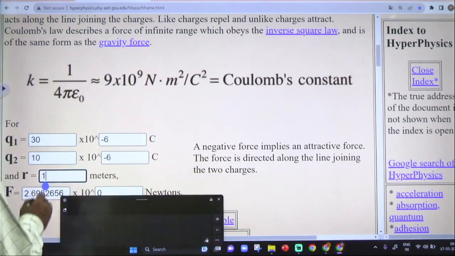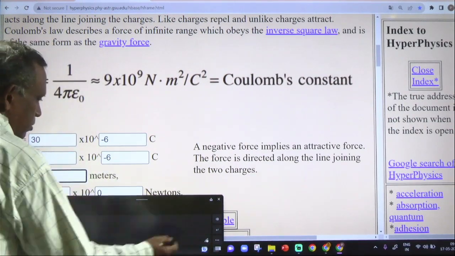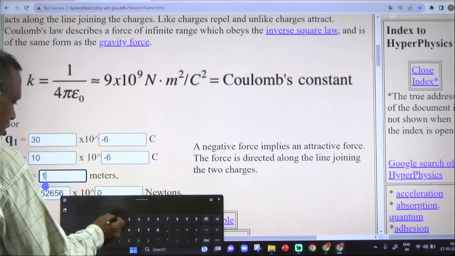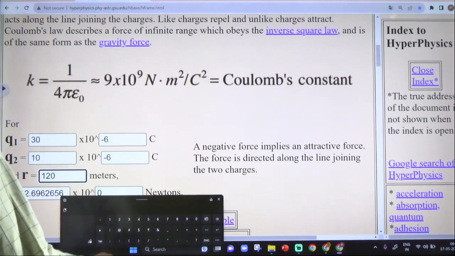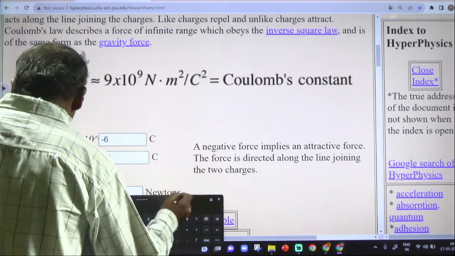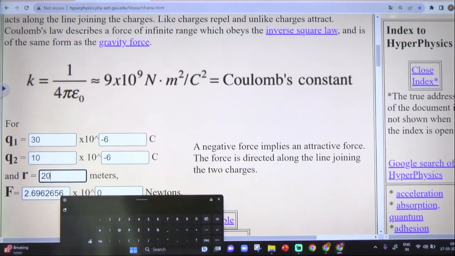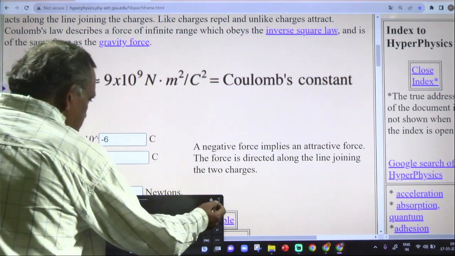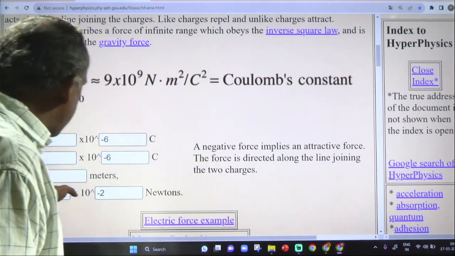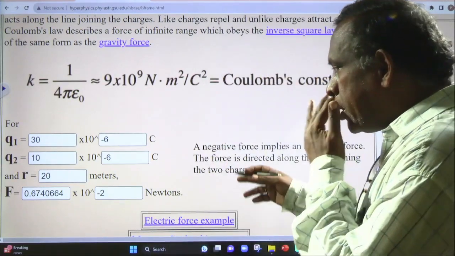And the distance between the two charges, let us take 20. Then the force that exists between these two, see how to find the force. This is the value, 0.674 into 10 power minus 2.